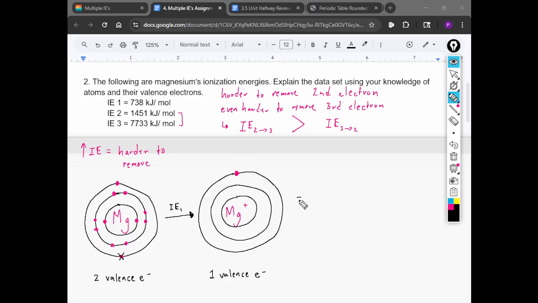Let's go to IE2 now. Okay, you're going to remove another electron. And if I remove an electron, how many electrons will be on the outside shell? Yeah, 0. So what happens to that shell? Yeah, it's going to disappear. And so basically what IE2 does is it makes it lose the shell. So this is where you lose the outside shell.